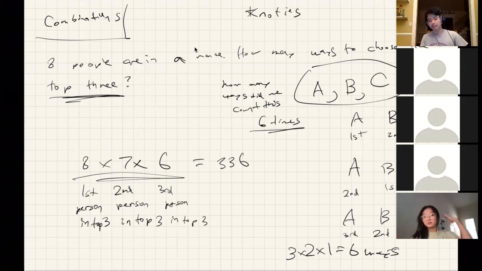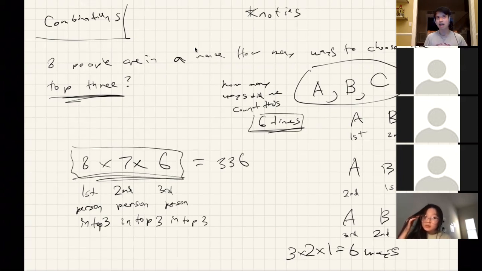The reason we've counted this top 3 group 6 times instead of only 1 time is because we counted them in order. We've acted like there's some sort of order in the group. We chose the first person, then the second person, then the third person. But in reality, the first, second, and third person can be in any order.